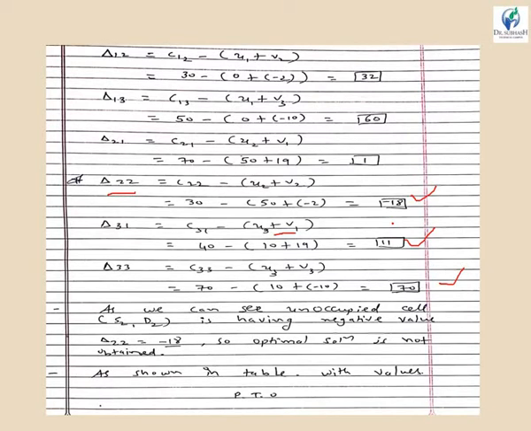But if any unoccupied cell has a negative value, then we have to do further procedures to obtain the optimal solution. Here we have a negative value, the unoccupied cell 2,2, that is delta 22 equal to minus 18. So the optimal solution is not obtained.